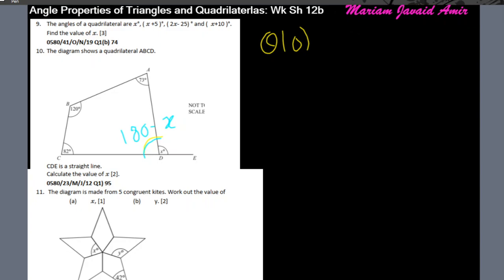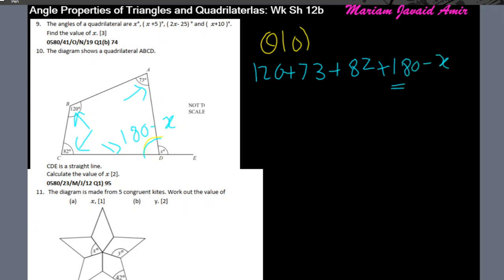Now the sum of these four angles would be 360, because the sum of all angles in a quadrilateral equals 360. So we'll simply do 120 plus 73 plus 82 plus 180 minus x equals 360. Let's take x to the other side. Minus x will become plus x, and bring minus 360 to this side.